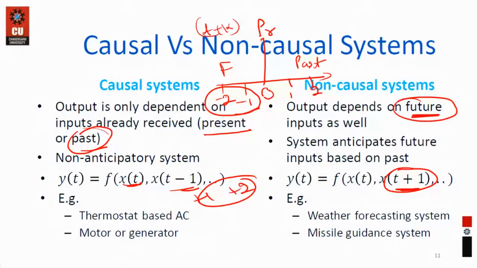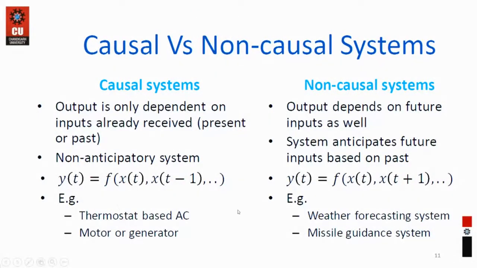So normally most of the real life systems are causal, but non-causal systems are also there. For example, weather forecasting is an example of a non-causal system. Nowadays, all of you are having smartphones and you are using the AccuWeather app just to check when the rain is there or what will be the temperature for tomorrow or the day after tomorrow.